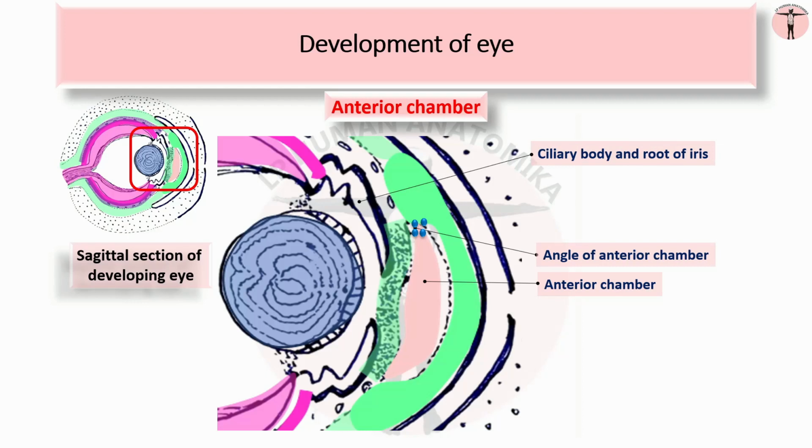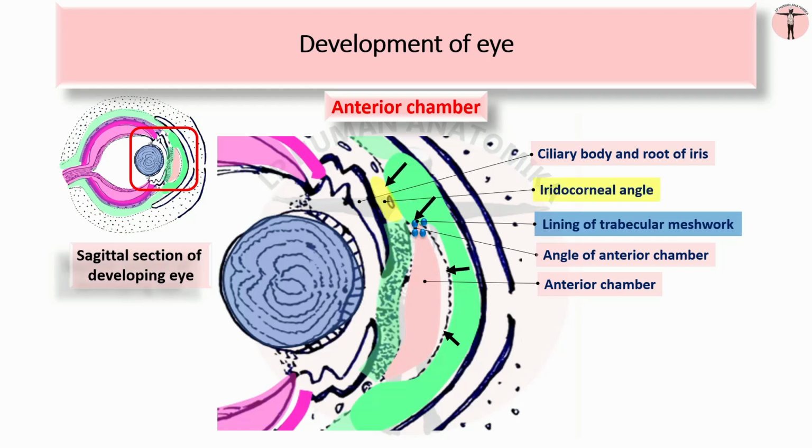These cells develop into the epithelium lining the trabecular meshwork. The endothelium is now continuous, lining the anterior chamber, trabecular meshwork, and the iridocorneal angle.